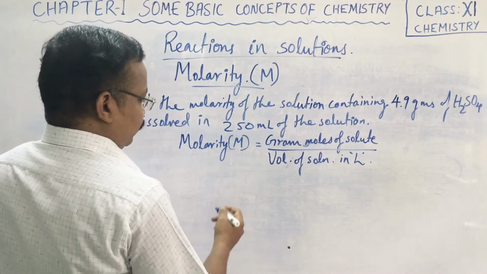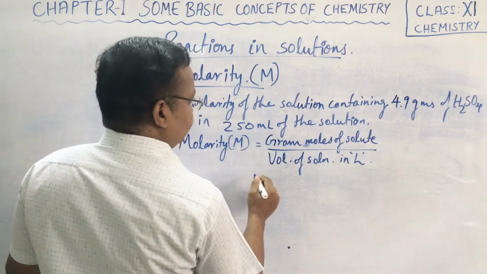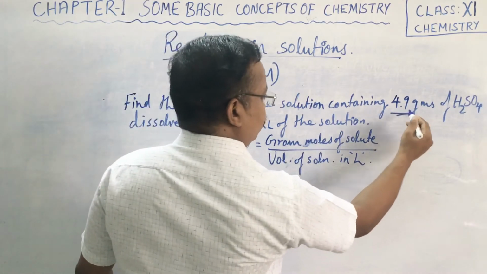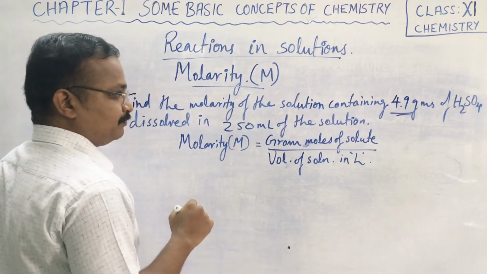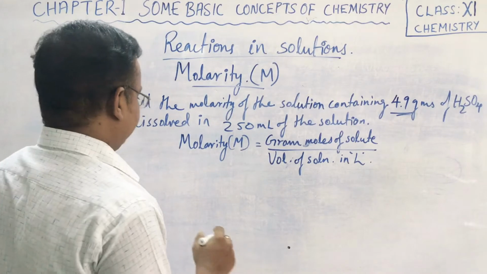Gram moles of solute means how much solute is there? 4.9 gram of H2SO4.